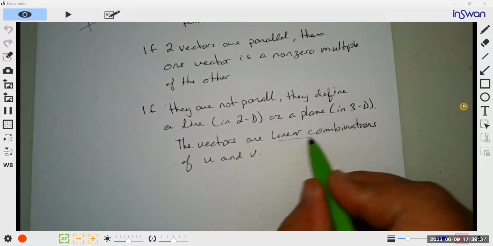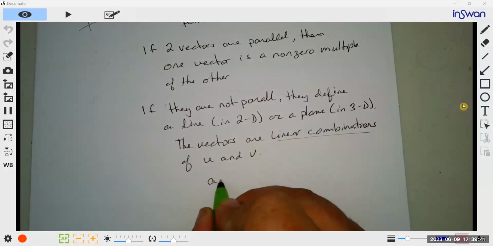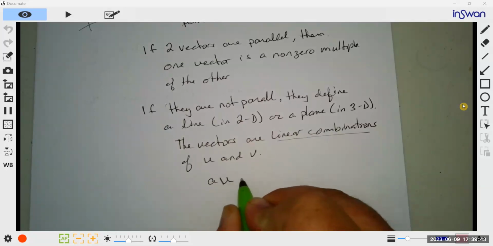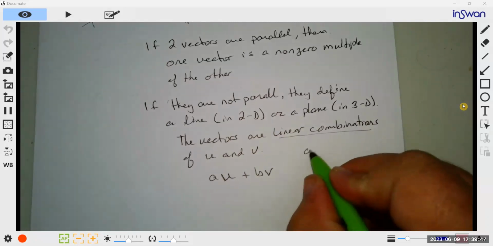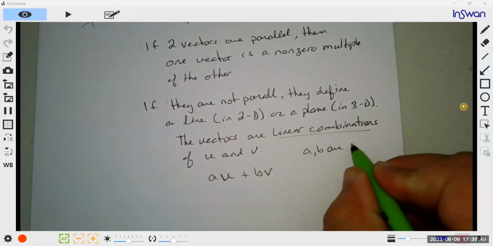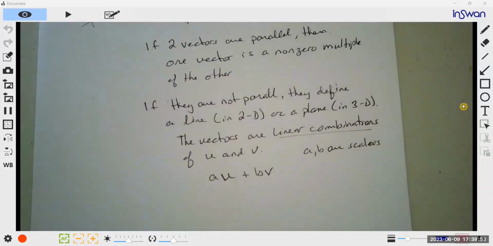What that means, a linear combination, is we can multiply where a and b are scalars. So we can make linear combinations so that they're each multiplied by some non-zero value.